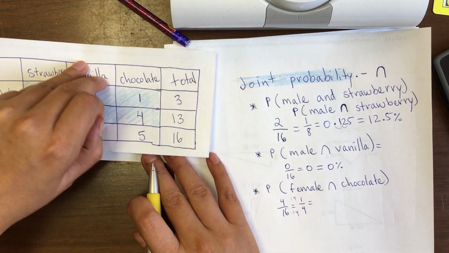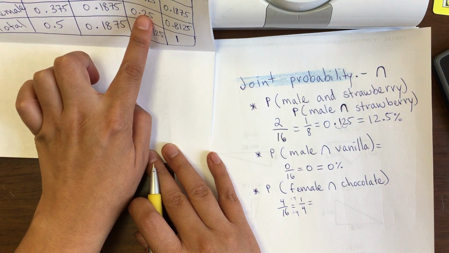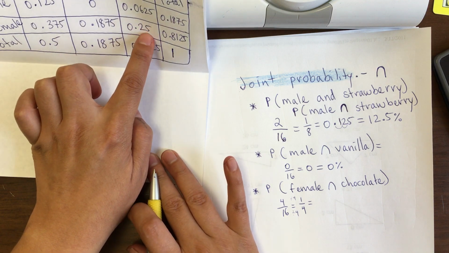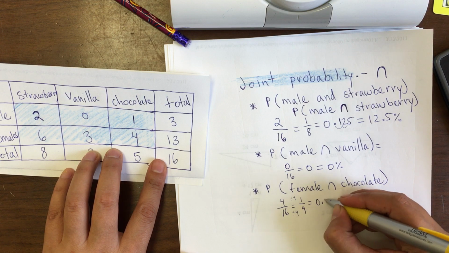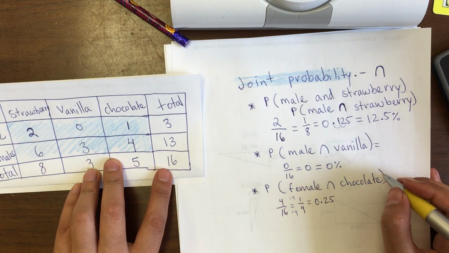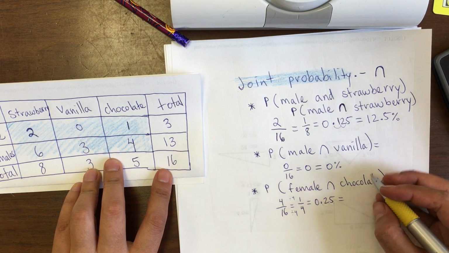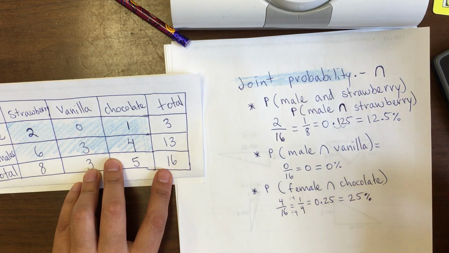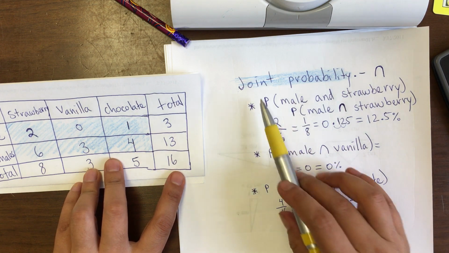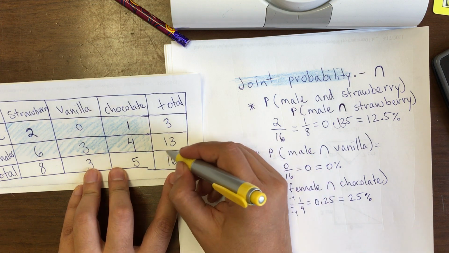If you look at your relative frequency table, it will be 0.25 right there. Or you can just divide it in the calculator, and we move it 2 spaces, 25%. Okay, so that's joint probability.